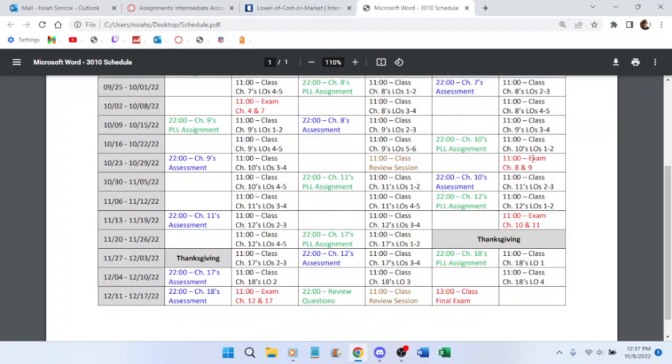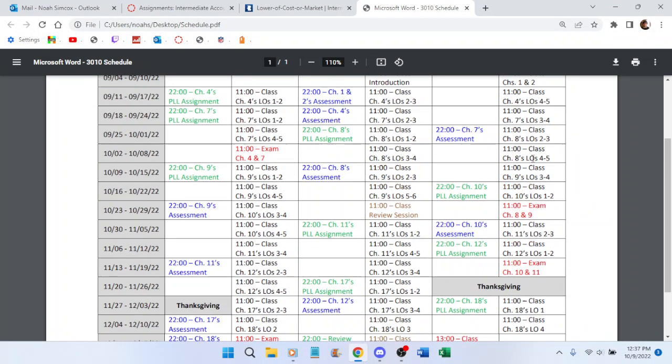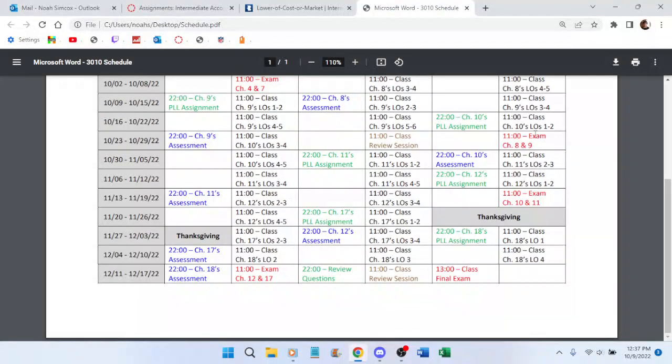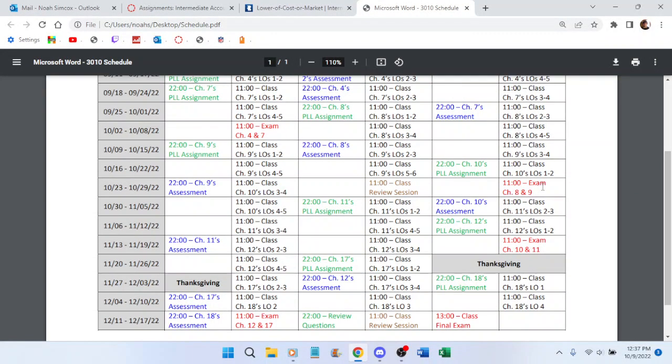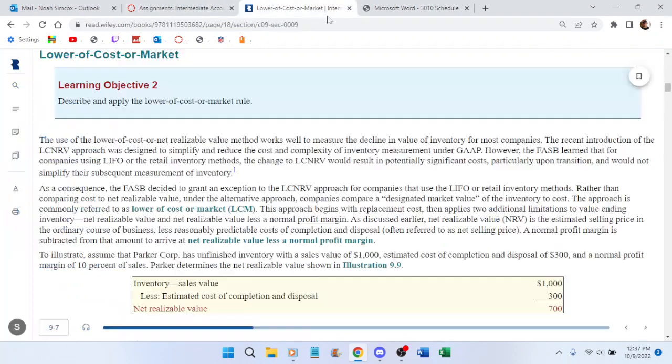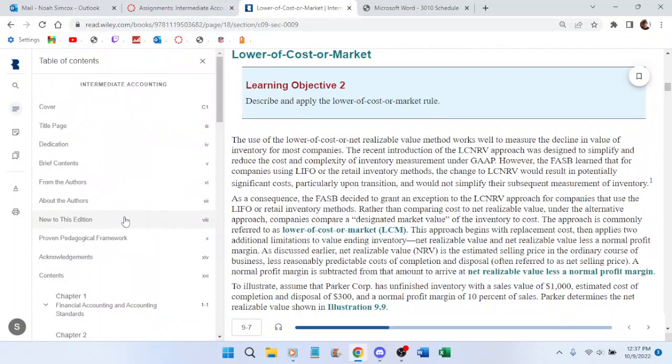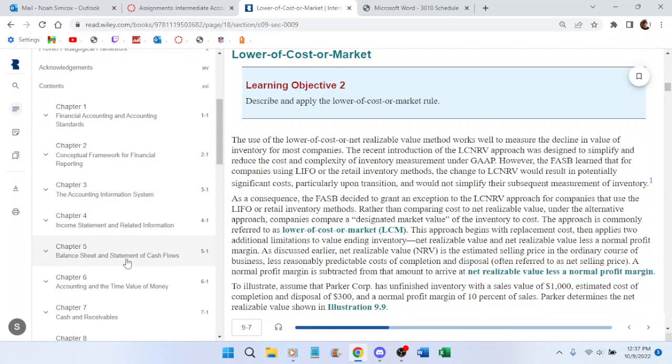Dude. 10 and 11. It's weird how we're skipping chapters. We're skipping chapter 5 and 6. What the heck? Why? What are even in those chapters? Balance sheet and statement of cash flows, accounting, and the time value of money.